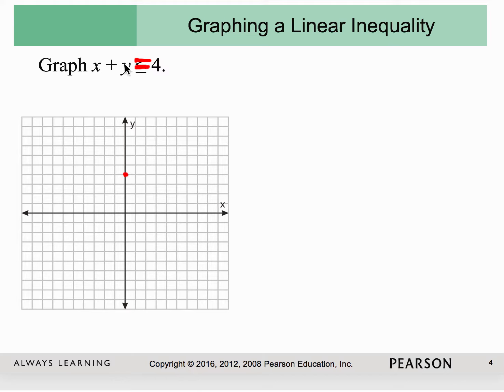If y is 0, so that's gone, x is 4. That's your 2 points. So by whatever method you want, get your 2 points. Now, because this one actually has the equal part, I want to draw a solid line, just like if I was just doing x plus y equals 4.